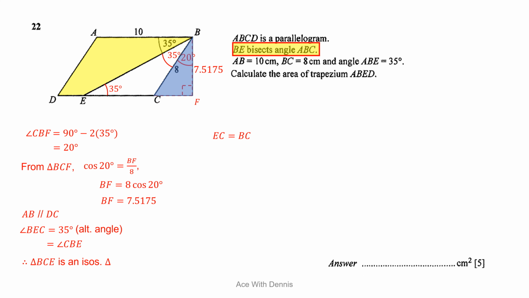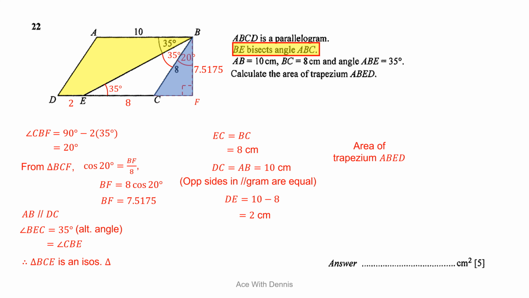Since this is the case, then EC equals BC. So EC is 8 cm. Let's label the diagram EC 8 cm. Now DC equals AB, which is 10 cm, because opposite sides in a parallelogram are equal. Hence, DE equals 10 minus 8, which is 2 cm.